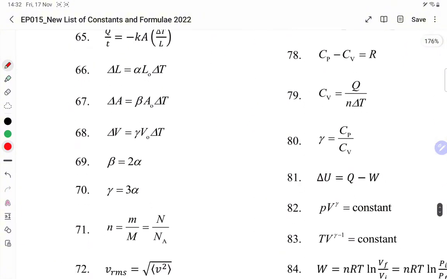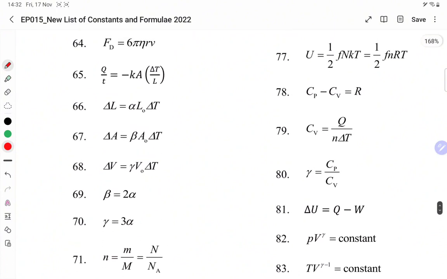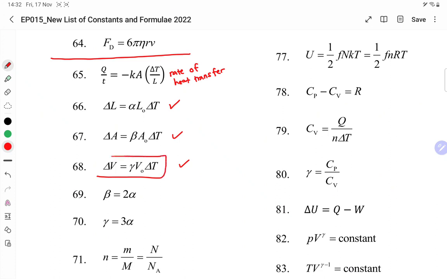From number 65 is the rate of heat transfer, number 66 is the change in length, 67 the change in area, and 68 is the change in volume. To calculate the overflow, we can use this formula because we have gamma, the coefficient of volume expansion.